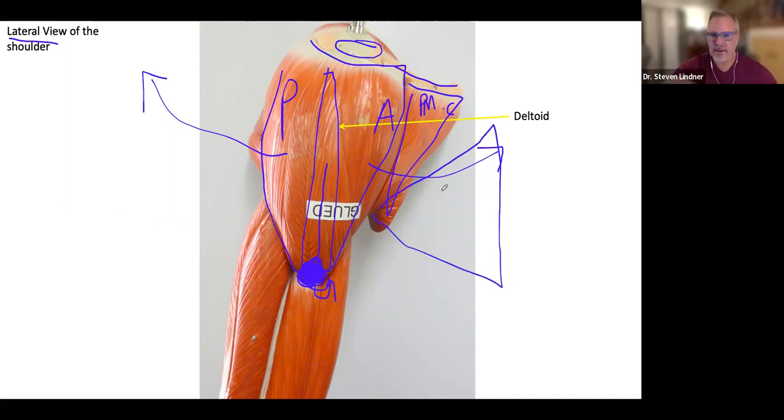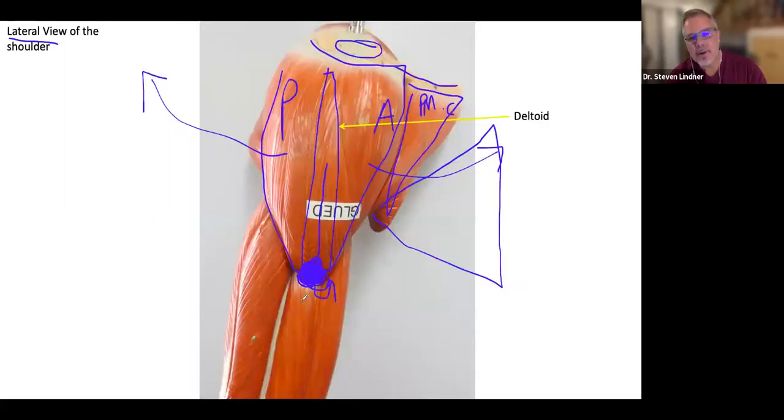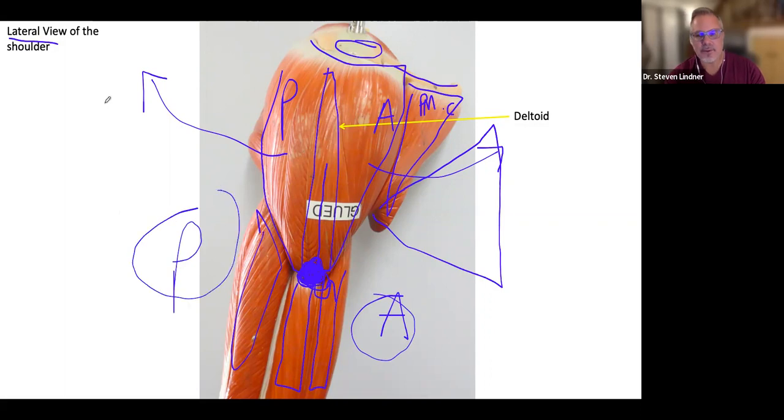So there's clavicular fibers and sternal fibers. Okay, now we're going to be looking at the arm, and we can see that it looks like there's one muscle here on the anterior, and there's one that's a little bit deeper, and then we have some that are posterior, right? So this is anterior, and then back here is posterior from the lateral view.